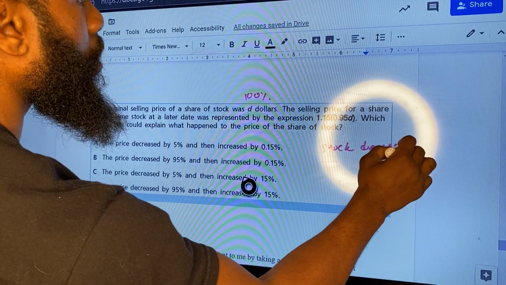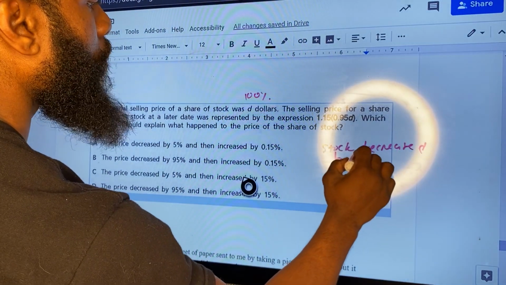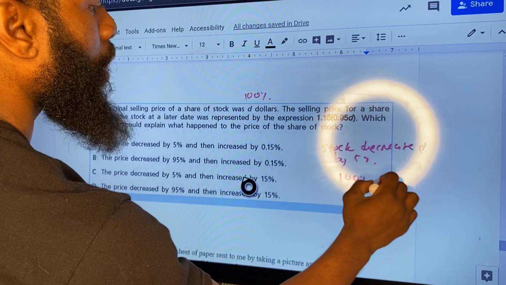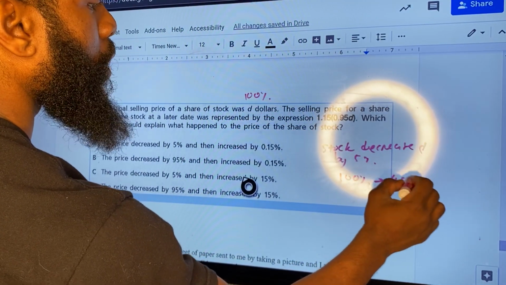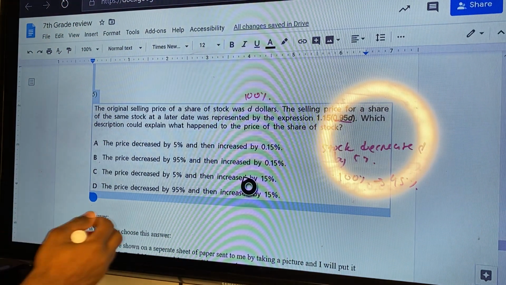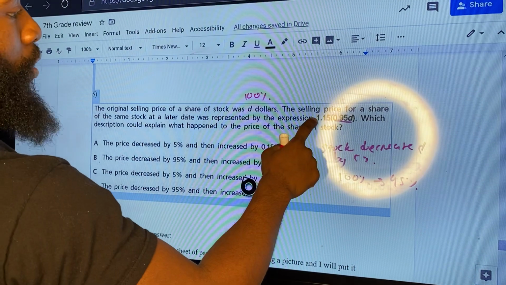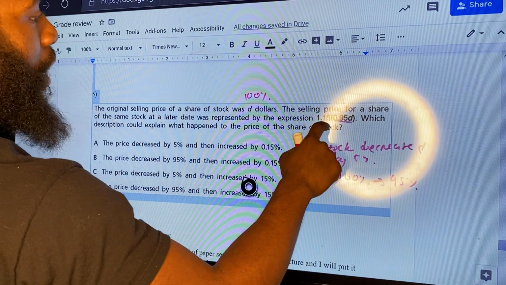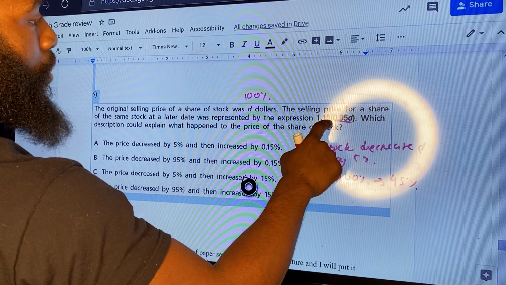decreased by 5% because it went from 100% here all the way to 95%. That's why we had that 0.95D. Now, here represents the 100% of the stock, which is 0.95 times 15%.